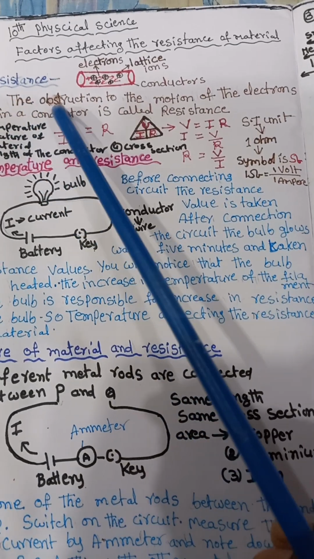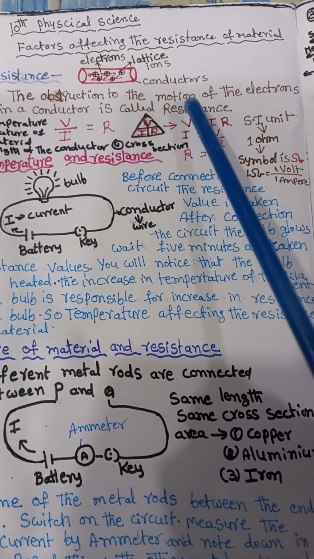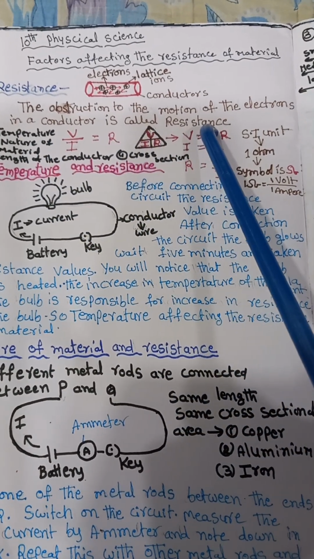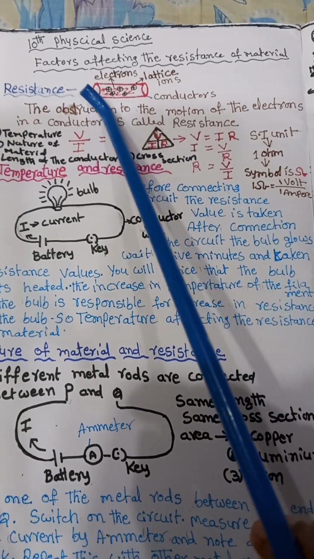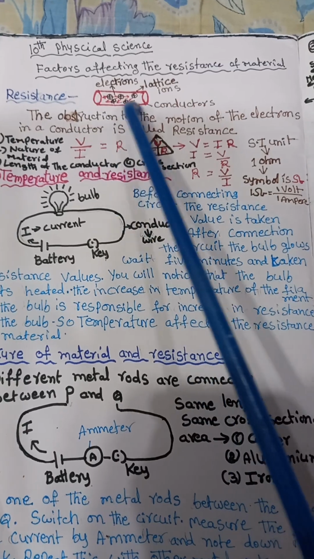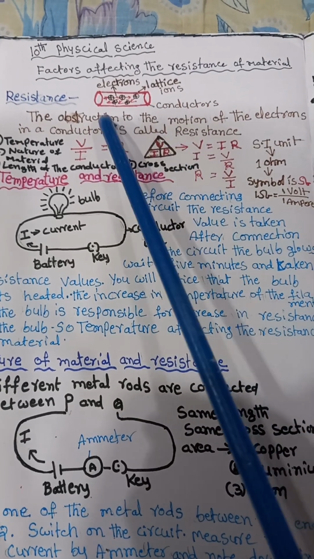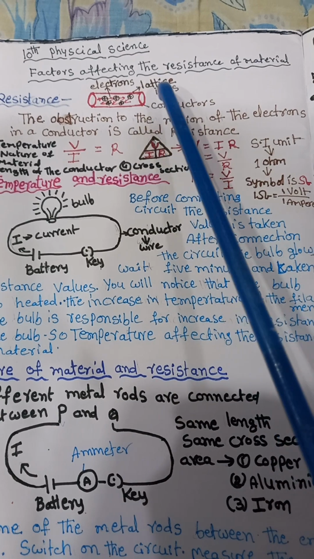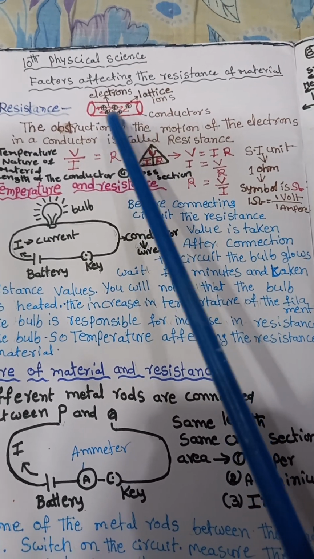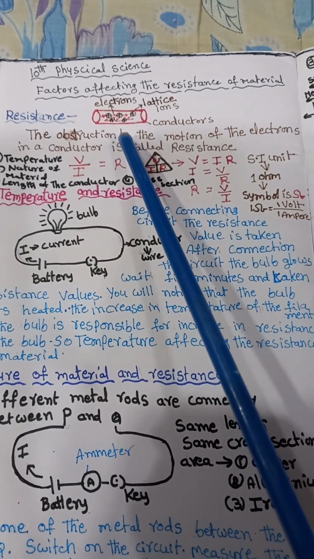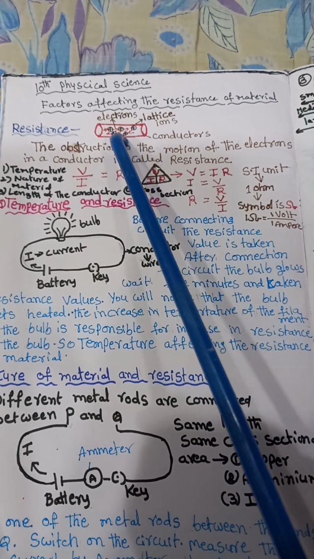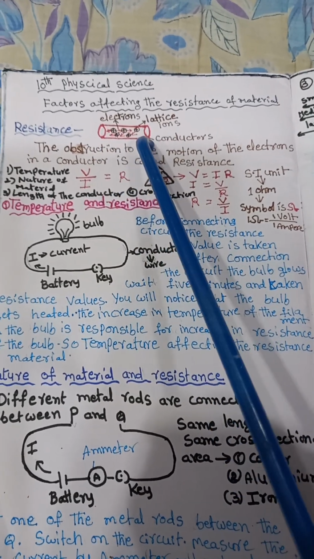Resistance means the obstruction to the motion of electrons in a conductor. For example, here we can see the motion of the electrons from one end to another end of the conductor, and the lattice ions present inside the conductor collide with the electrons and obstruct their motion.